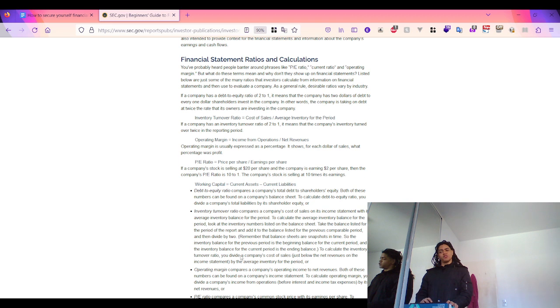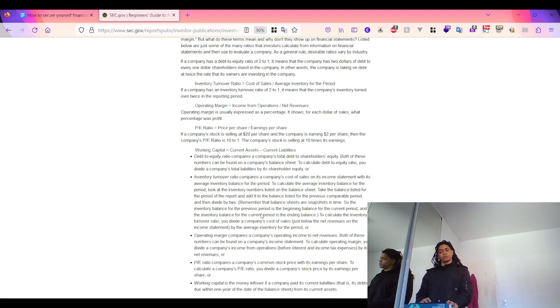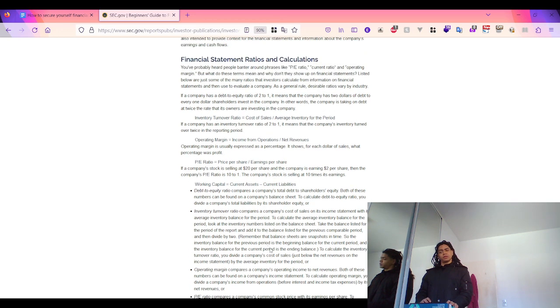To calculate the inventory turnover ratio, you divide a company's cost of sales, just below the net revenue on the income statement, by the average inventory for the period.